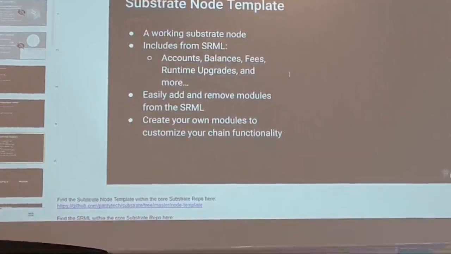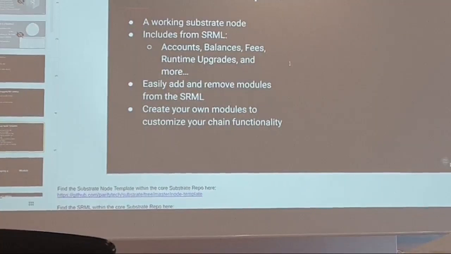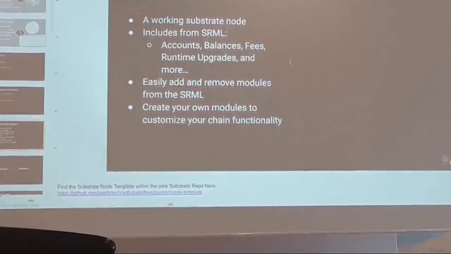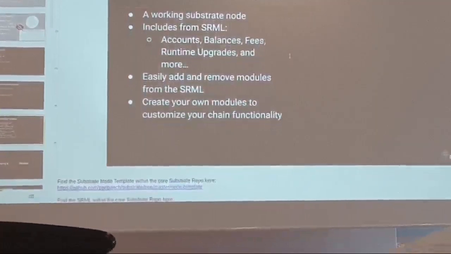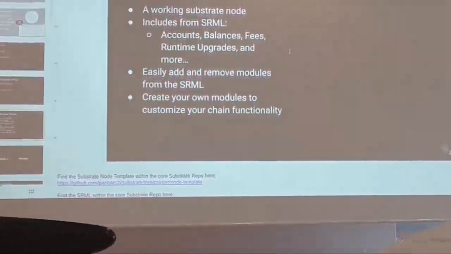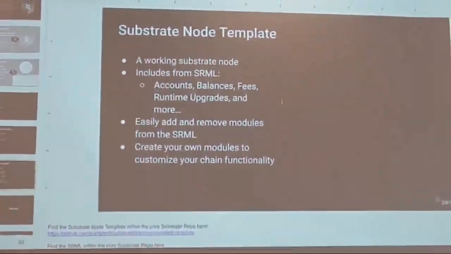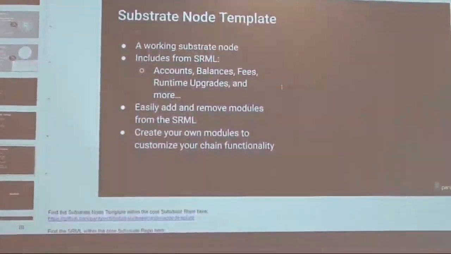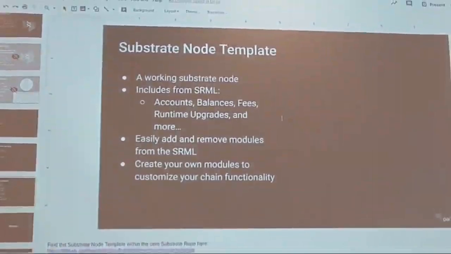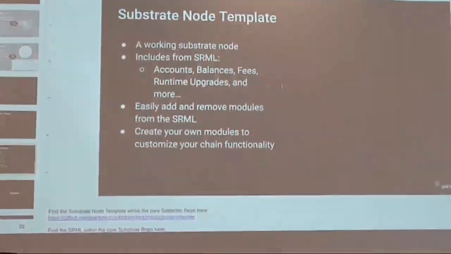For example, the balances module is used for paying the fees on the transactions on this runtime. It also shows some user scenarios on how we use these modules in our runtime, and finally we can include and extend these modules using our own custom modules. So that is what the Substrate node template provides.